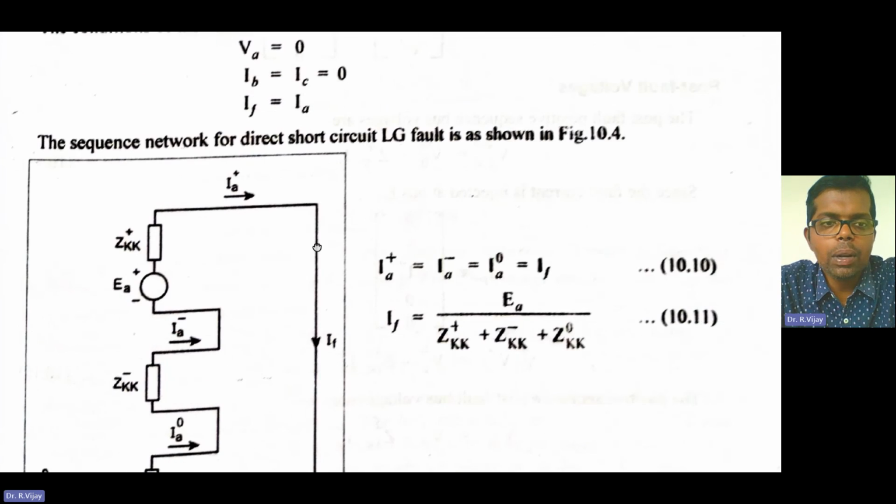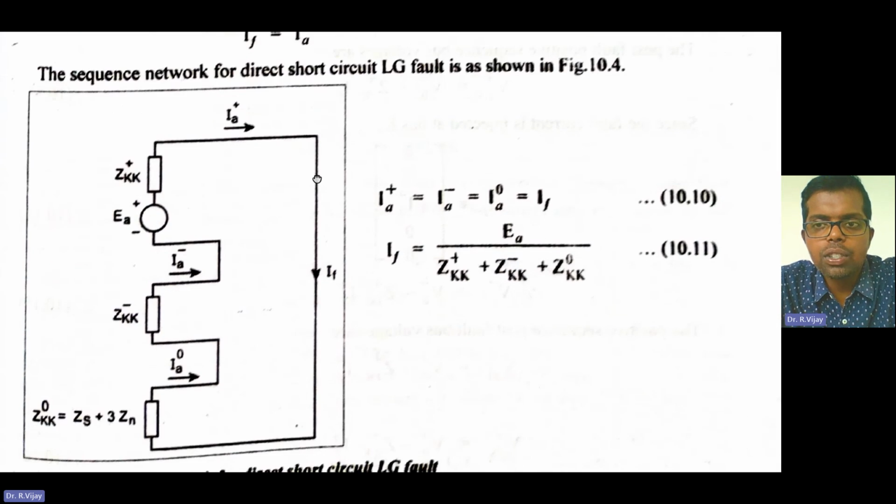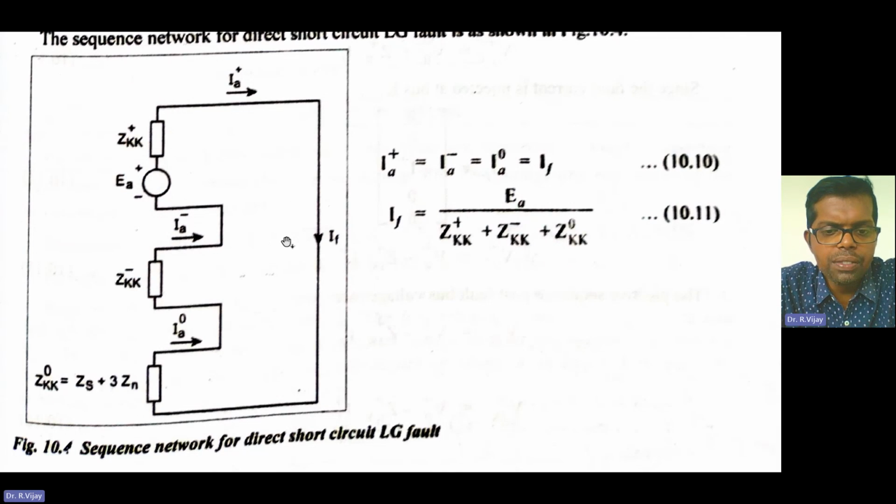Next, the sequence network for the direct short circuit line to ground fault is shown in the figure. Here you see VA positive, VA negative, and VA zero. Here we have the impedance ZKK positive, and EA, the induced EMF, for the positive sequence network.